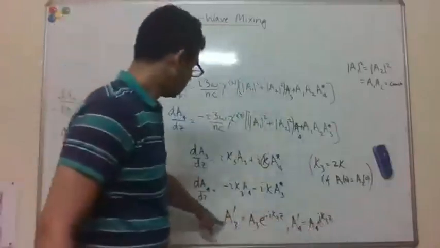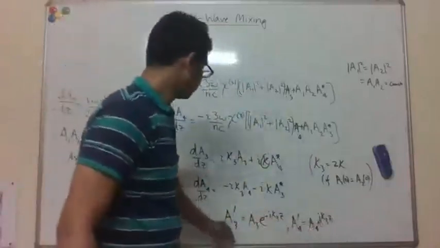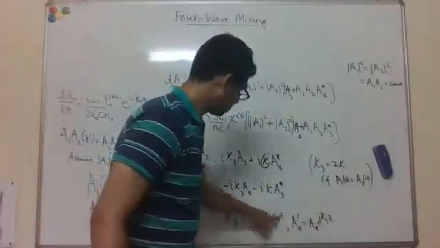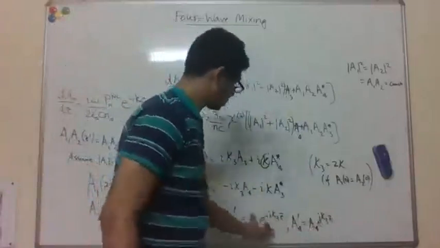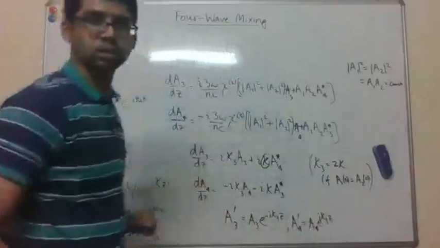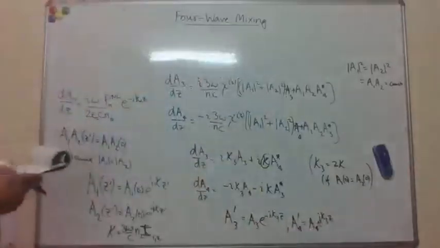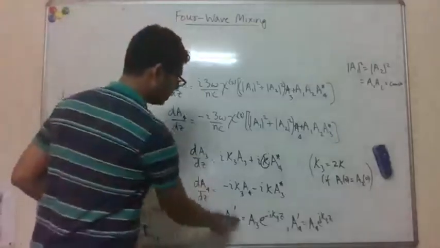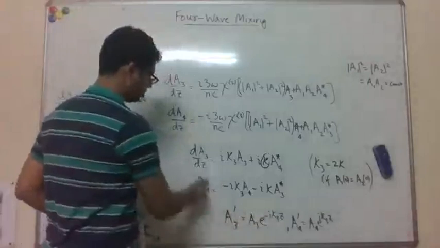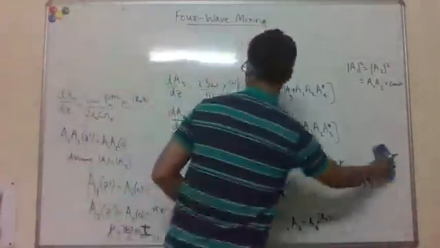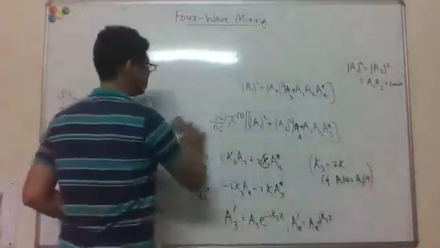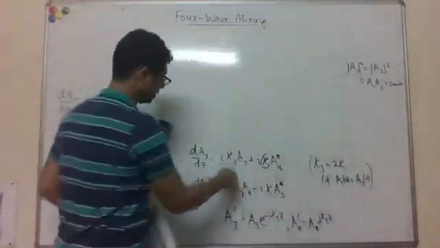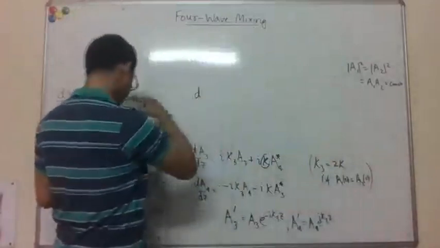So you can see when I do dA3 prime by dz, when I do the differential of this, I'll get i kappa 3 times this thing, which will get cancelled. So just do a change of variables here and write the equation in terms of A3 prime and A4 prime. You see that these terms go away, the self terms go away, and only the cross terms remain.